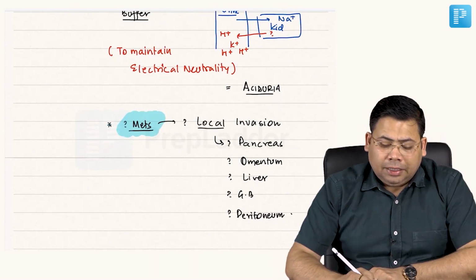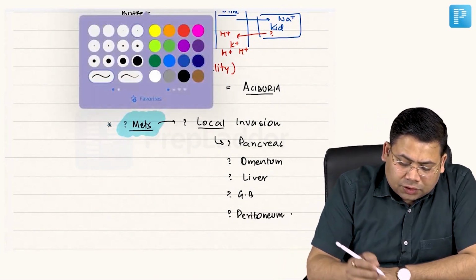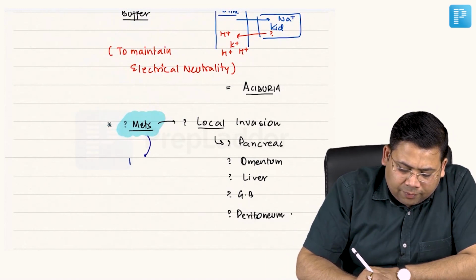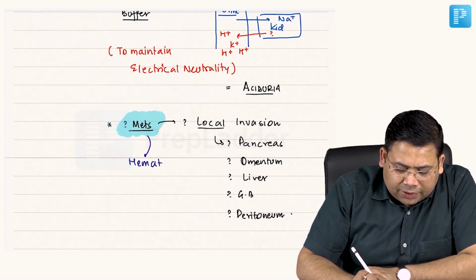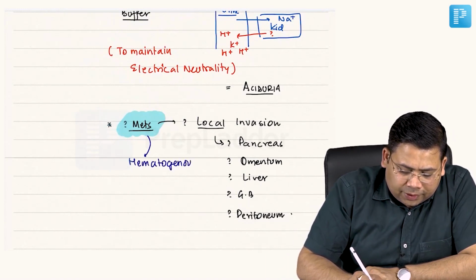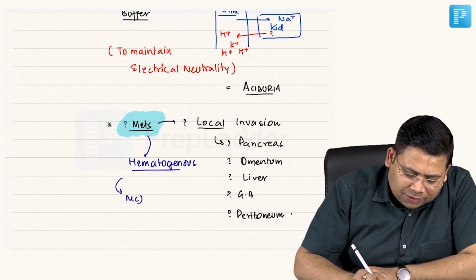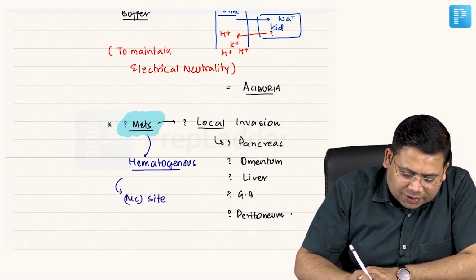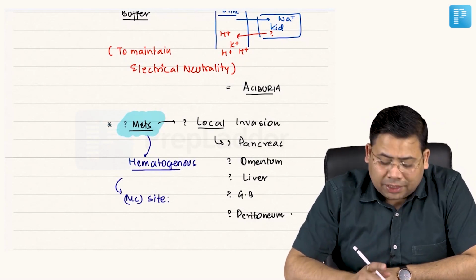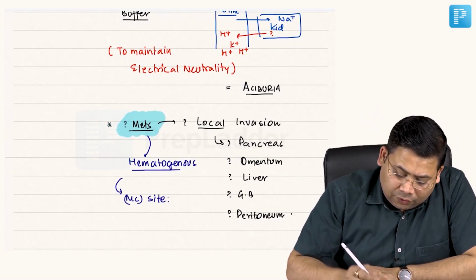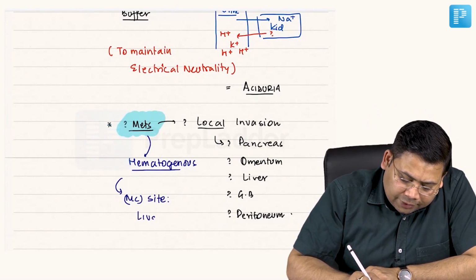Yes. Next is, it can also show you hematogenous spread. It can also show you lymphatic spread. So hematogenous spread, if you talk about, the most common site for hematogenous spread, answer is your liver, greater than lungs, greater than bone.